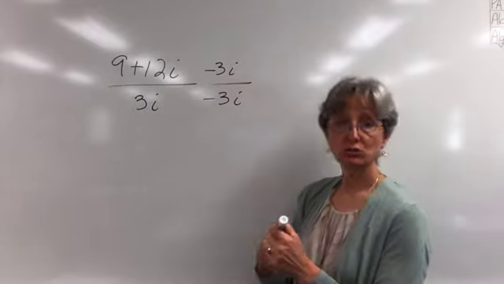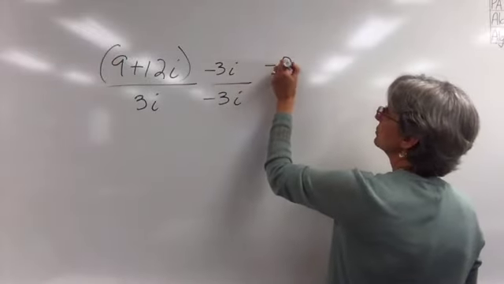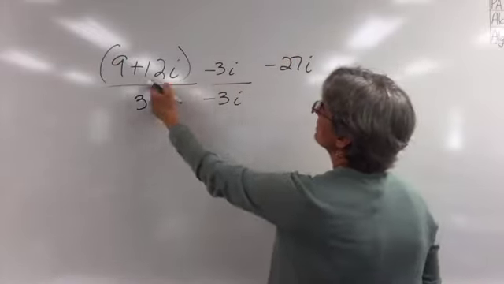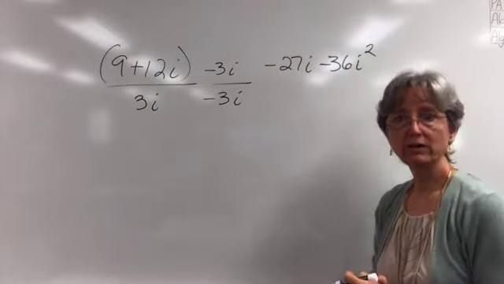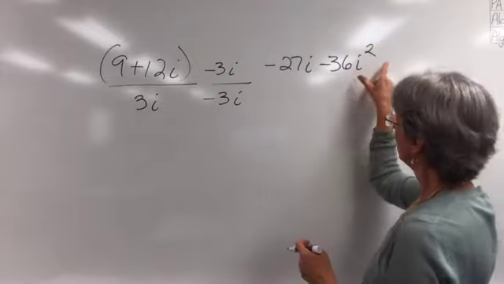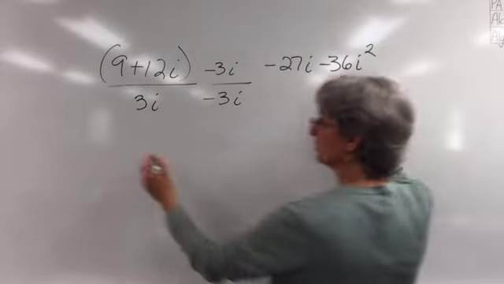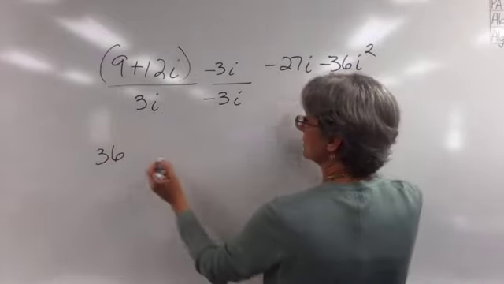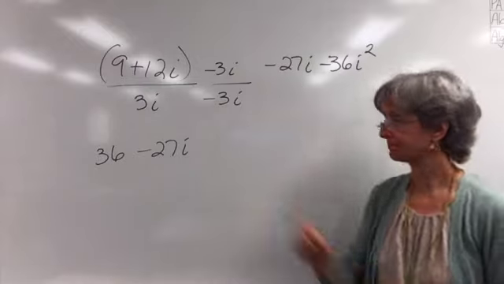You're going to have to distribute. So this becomes negative 27i, and this becomes negative 36i squared. This i squared is negative 1, so this becomes positive 36, right? I'll rewrite it down here. Positive 36 minus 27i. There's our numerator.